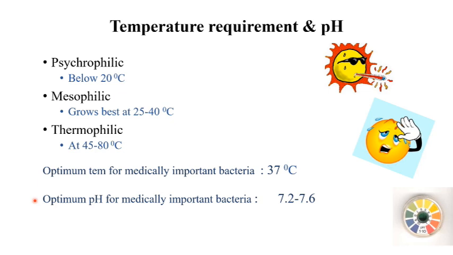The optimum means during this optimum condition, the bacteria can grow well. Or we can also say that the optimum condition is the condition where the bacterial growth and multiplication will take place at a higher level.